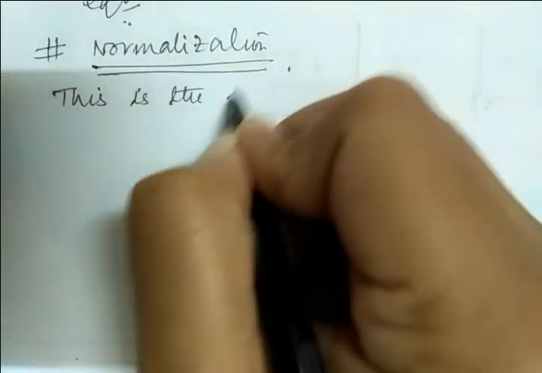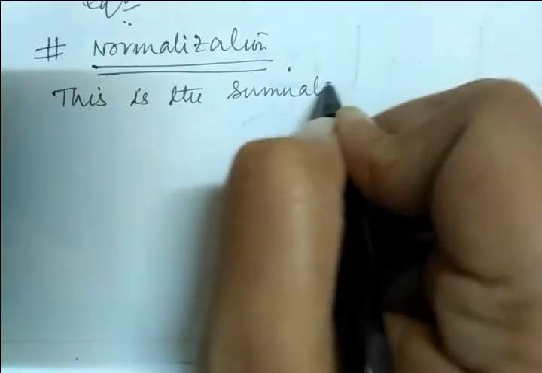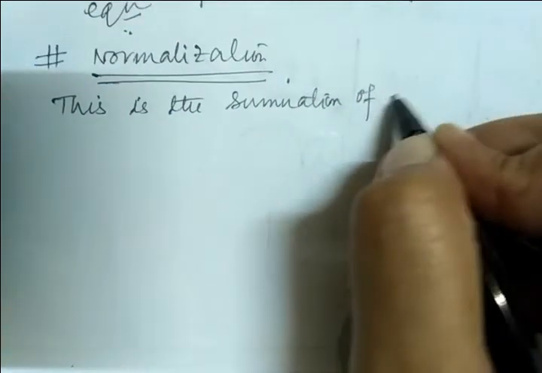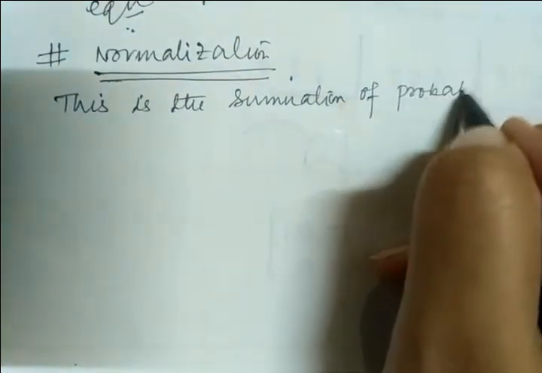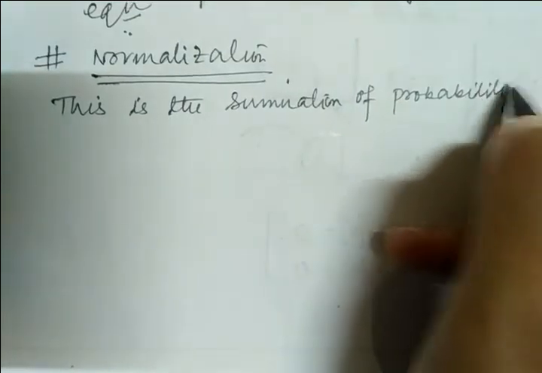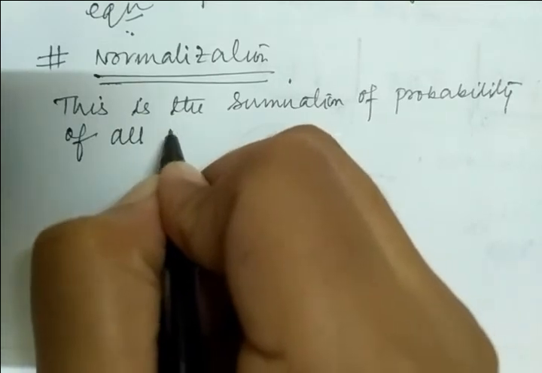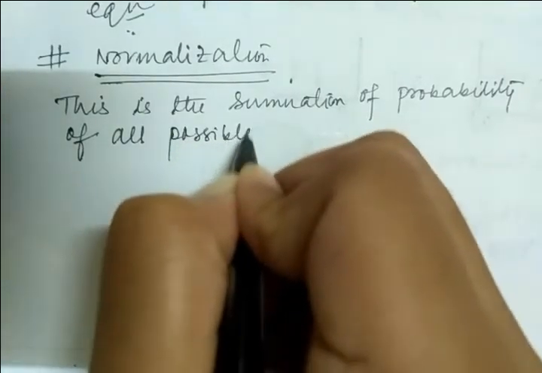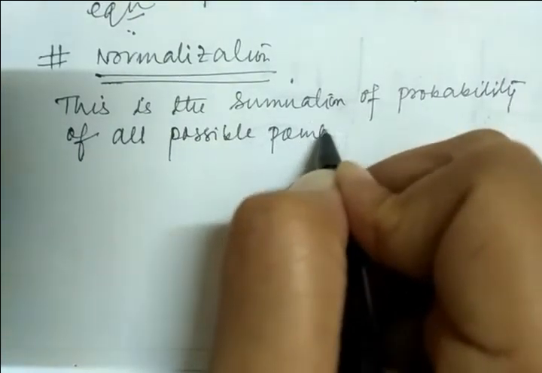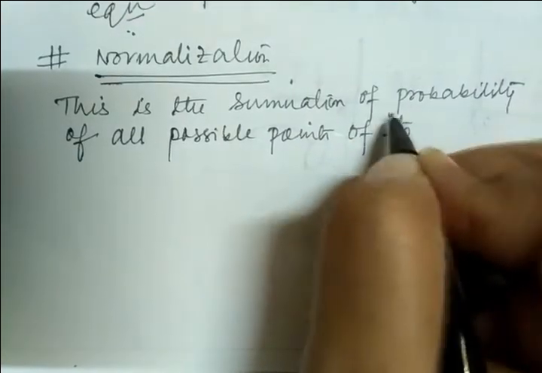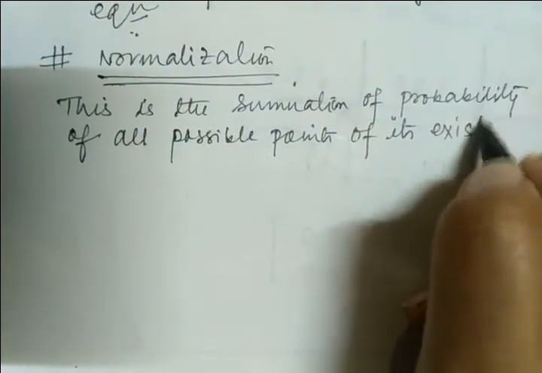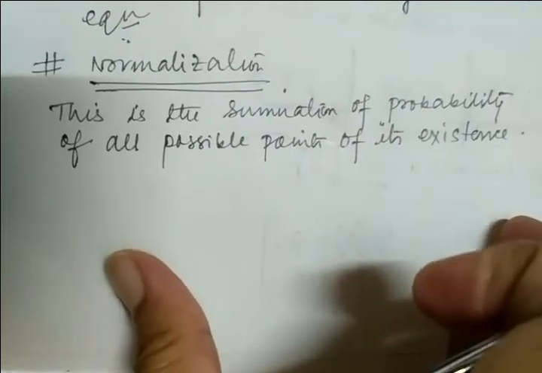This is the summation of probability of all possible points of its existence. I think this portion is very clear.